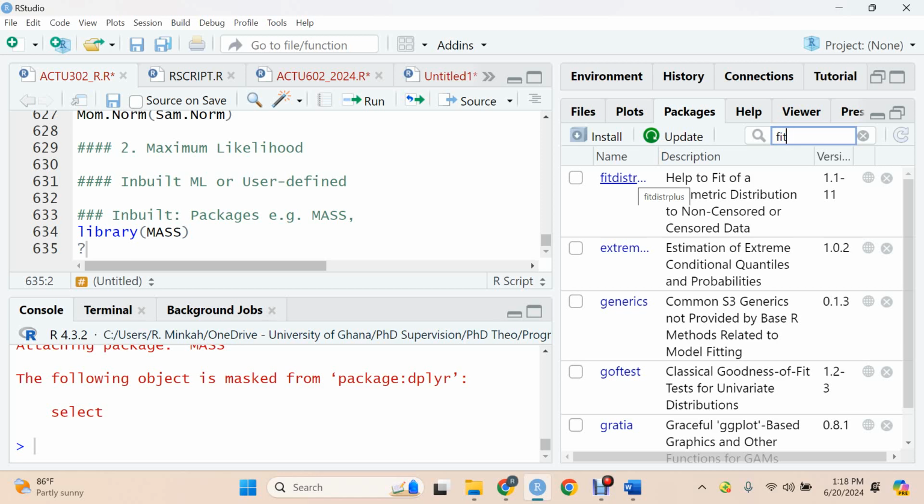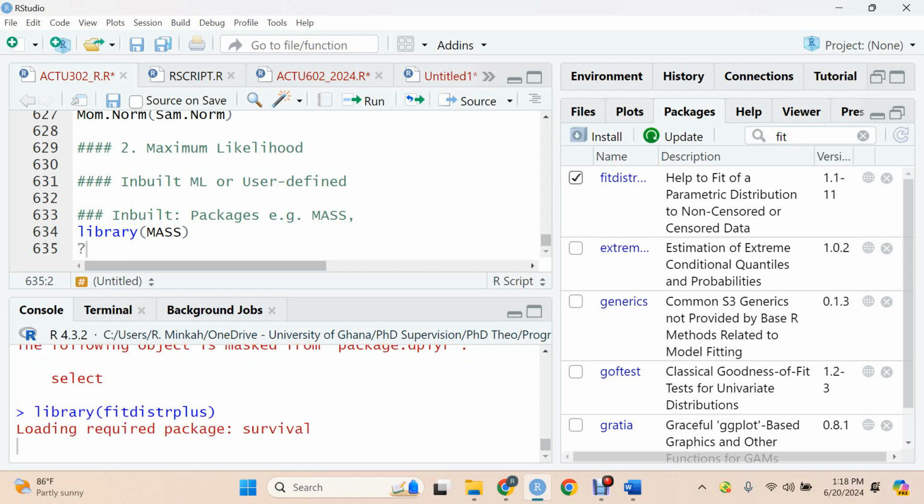That also gives you even a standard version of the function in the fitdistr package, in the MASS package. So install the fitdistrplus package. So you also need, the fitdistr is a function in MASS.